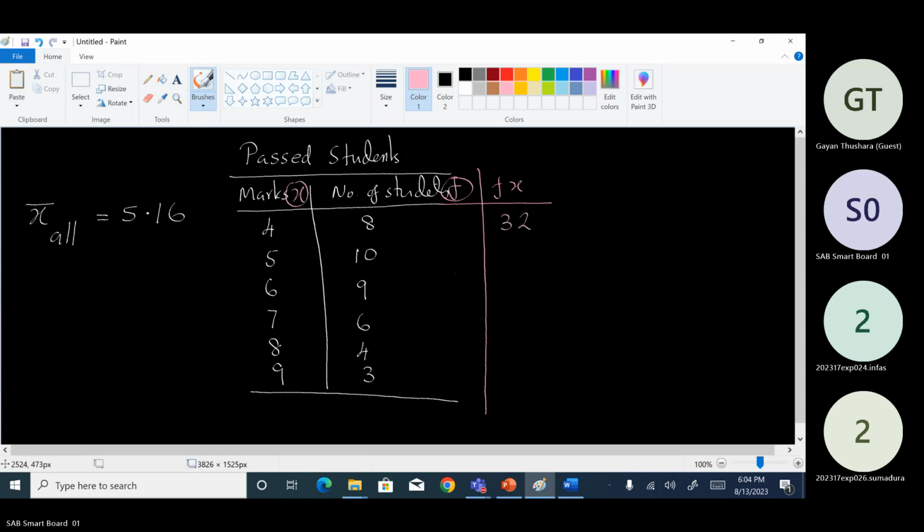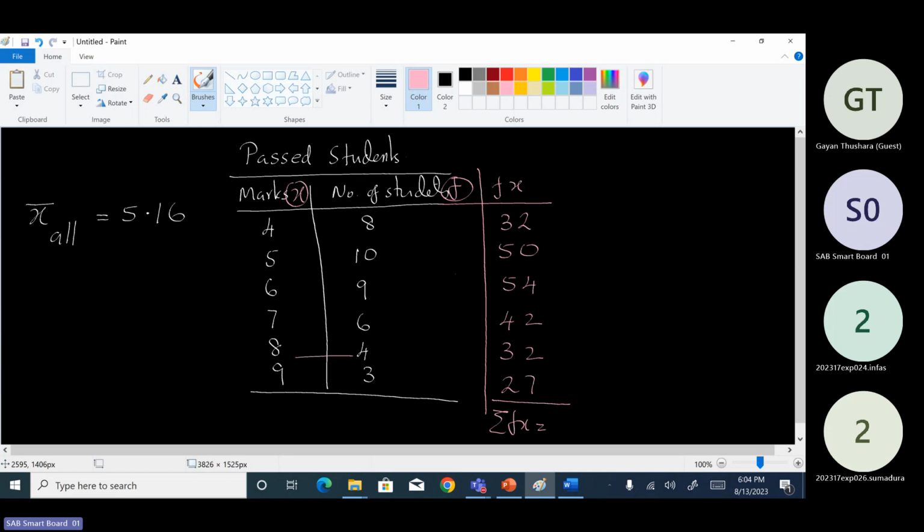32, 50, 54, 42, 32, 27. So now we can find this sigma fx.